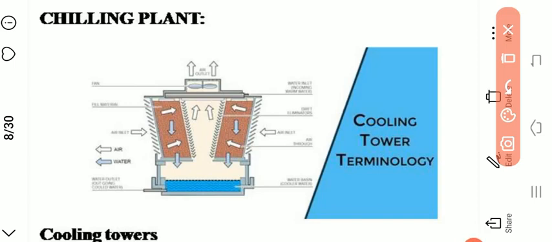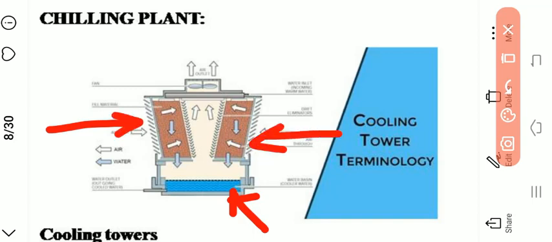The cooling tower consists of a water basin. This is the water basin. And the air inlet. This is the air inlet from both sides. And it has an air outlet.